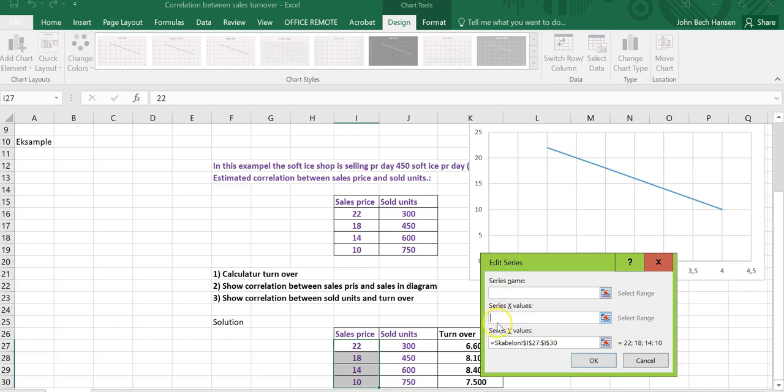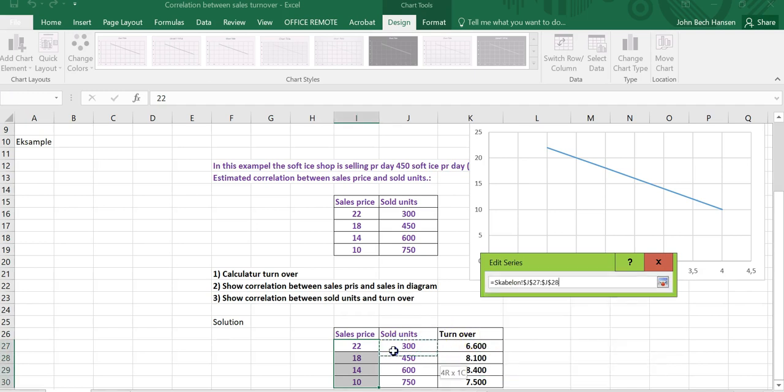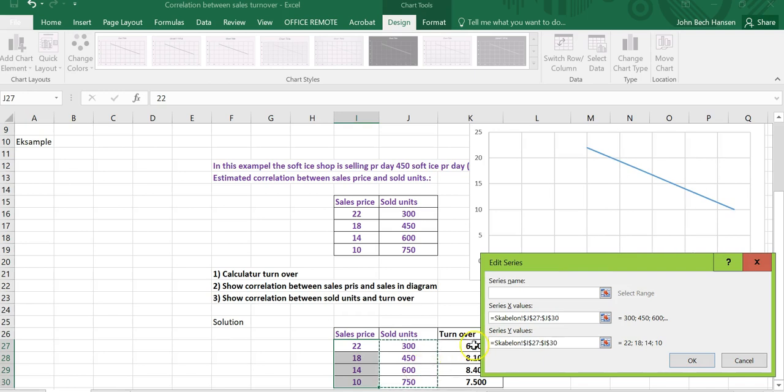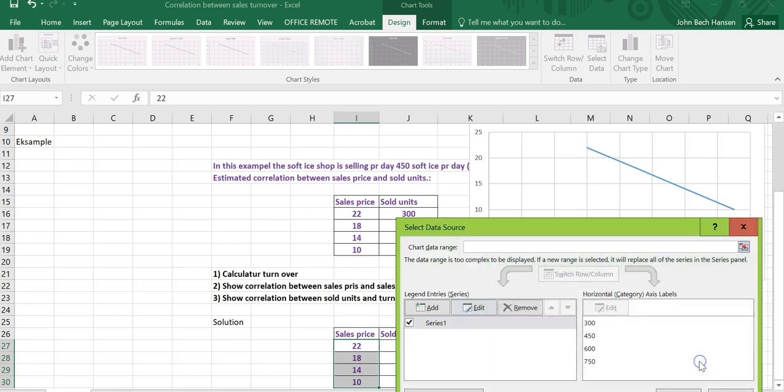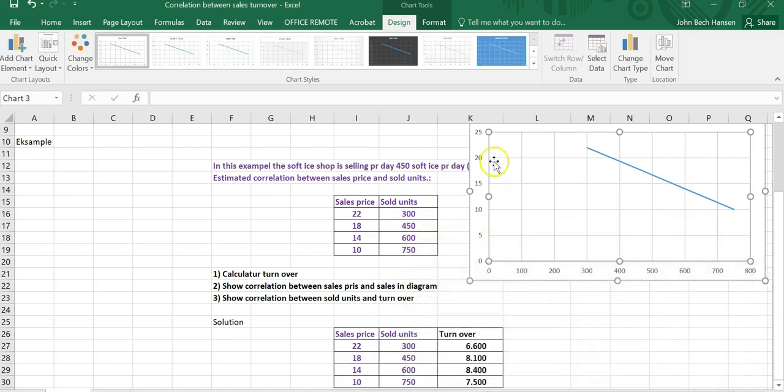So now I can put in the X values, and I have them here. So now Excel knows the correlation between the sales price and sold units.